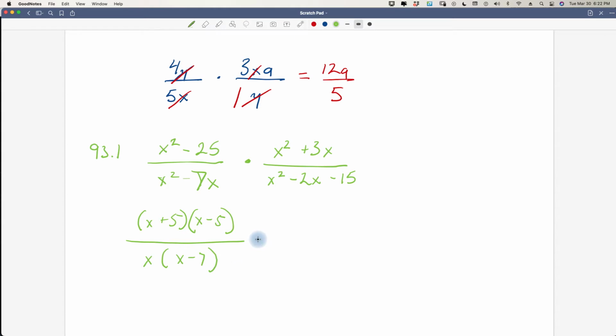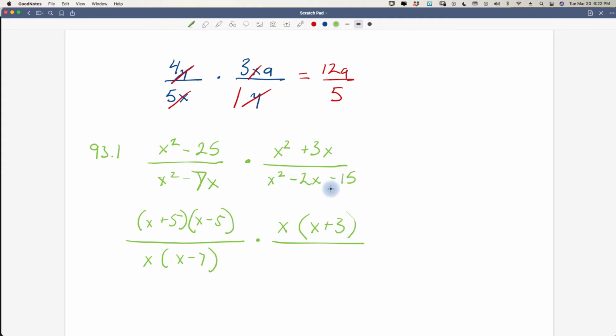Now we can move over here and see what this is. It's the same thing as down here. We can take x out: x times x plus 3. And then we have a trinomial down here that can be factored.